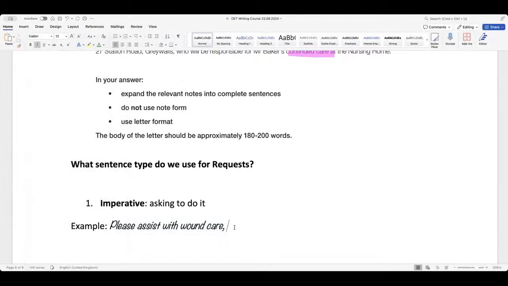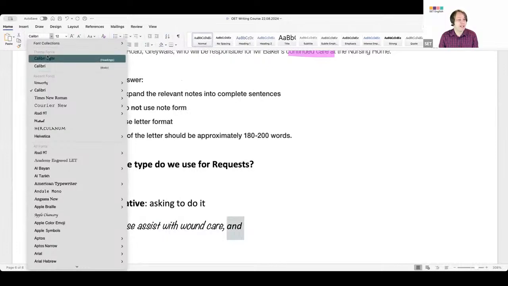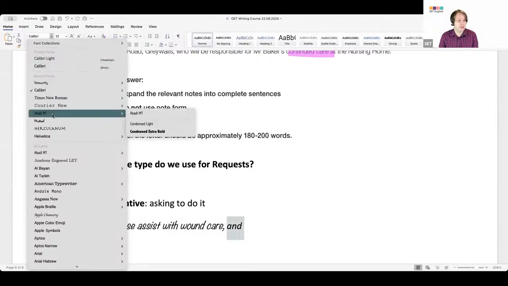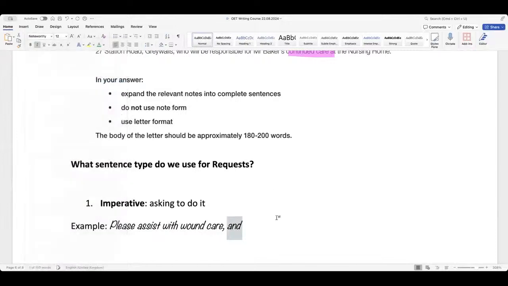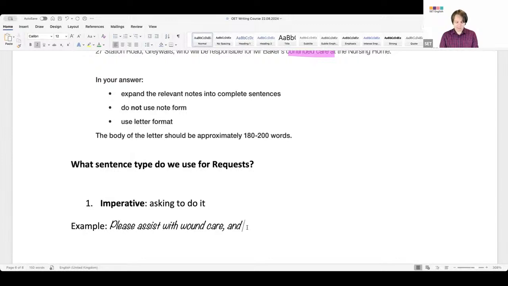Now these days we try not to use kindly in the same sentence. That's something that's changed recently. Please assist with wound care, and advise on diet. This sentence is very, very useful for you because you can write it really quickly. It's very easy to make sentences.